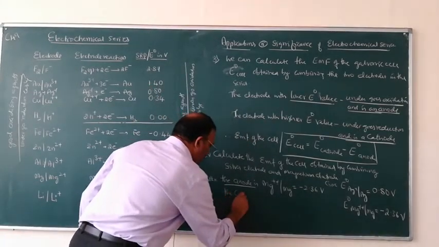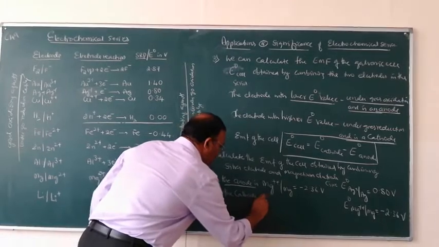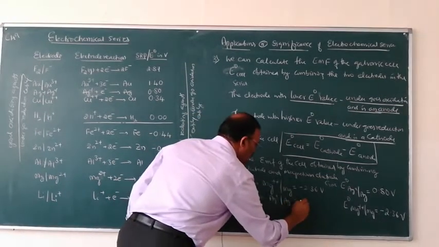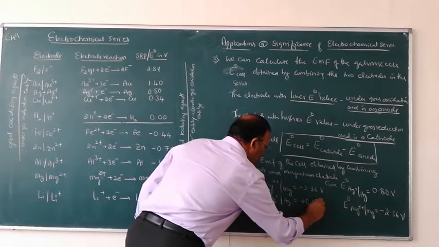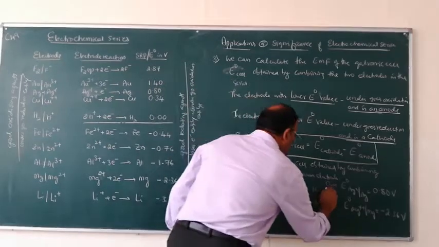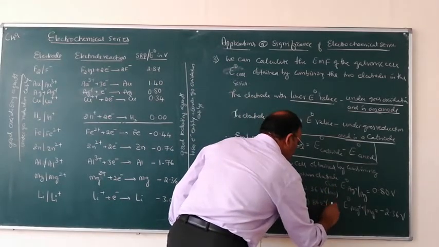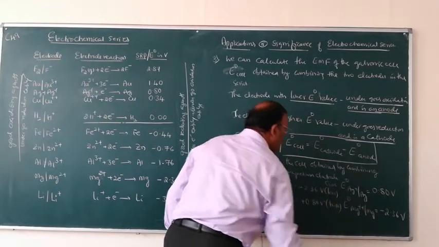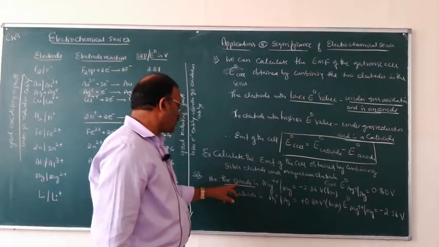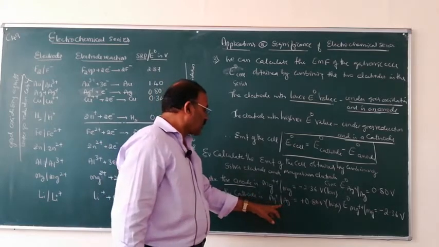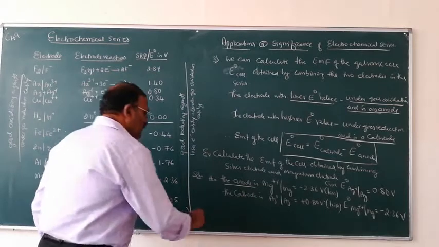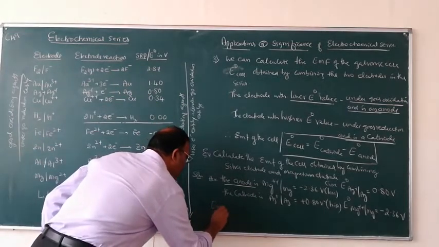The cathode is silver, Ag plus bar Ag, that is equal to plus 0.80 volt. So this is less, electrode potential is high. The electrode whose electrode potential is less is the anode, and the electrode whose electrode potential is high is the cathode. Then what is EMF of cell?